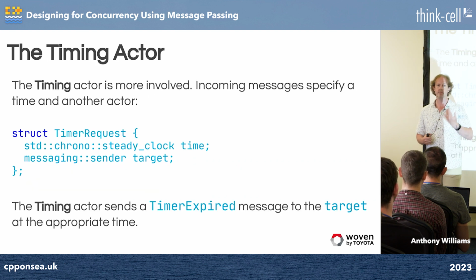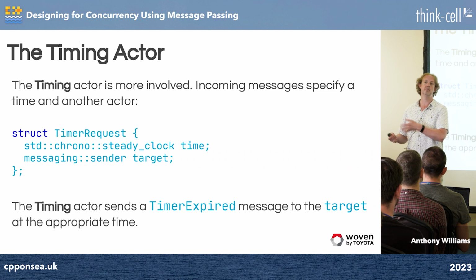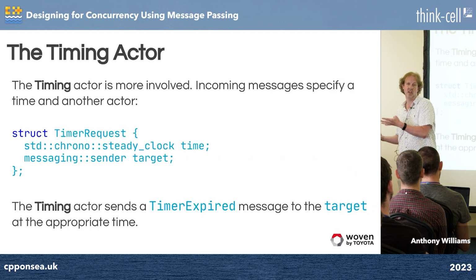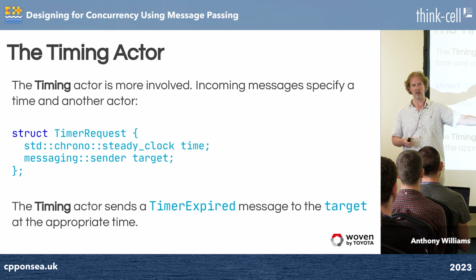The timing actor is a bit more complicated, because you need to keep track of what the time is. For the timing in this case, you send a message saying, notify me at a specific point. And then the timing service stores that list of who needs to be notified and when.